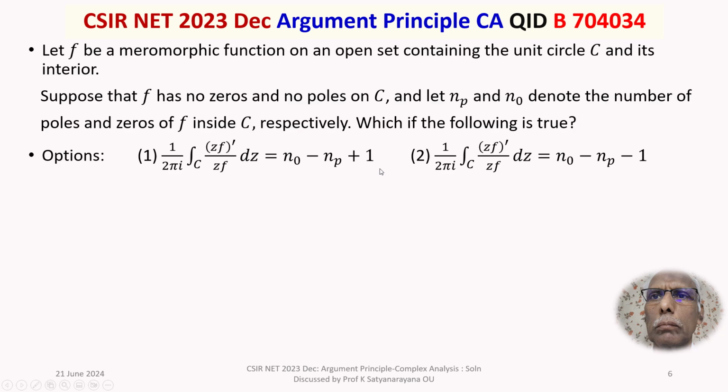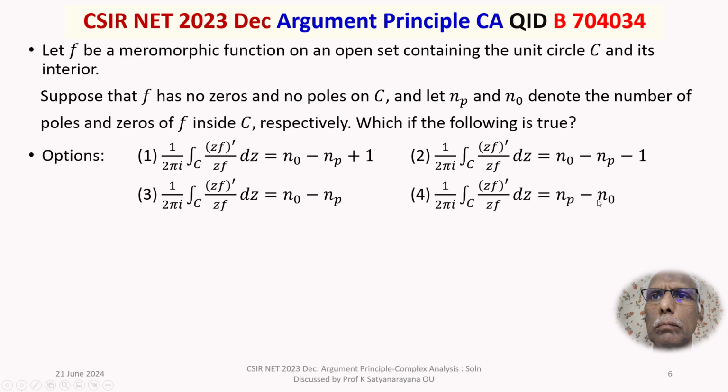Option 1 is N_0 minus N_P plus 1, and here it is minus 1. And then option 3, it is just N_0 minus N_P. And then option 4, it is reversed, N_P minus N_0. So which is the correct? The value of 1 by 2 pi i integral taken round C of z f prime by f dz, we have to find out from these 4 options.